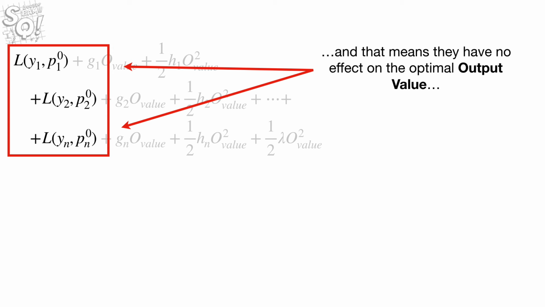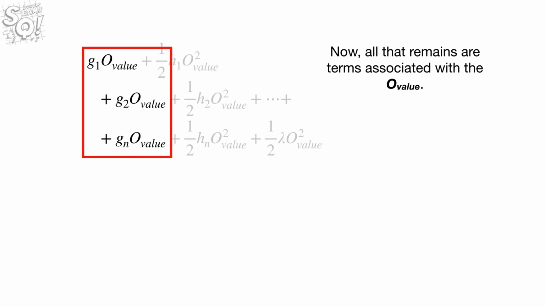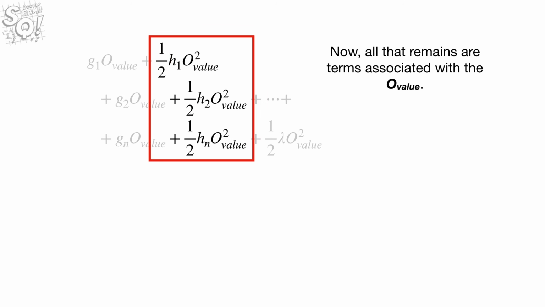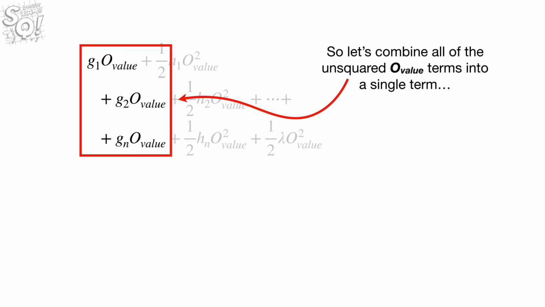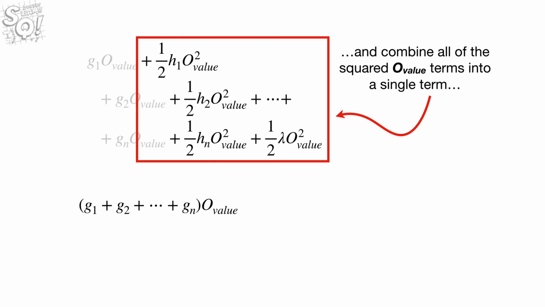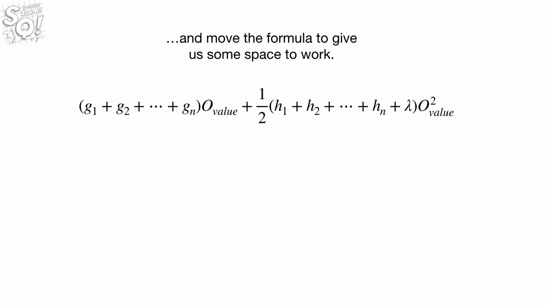And that means they have no effect on the optimal output value, so we can omit them from the optimization. Now all that remains are terms associated with the output value. So let's combine all of the unsquared output value terms into a single term, and combine all of the squared output value terms into a single term, and move the formula to give us some space to work.